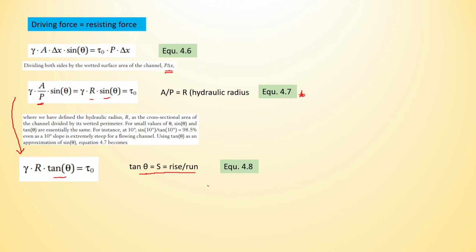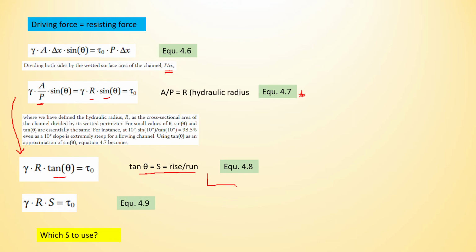This is very helpful later if you want to solve the problem. Finally we have equation 4.9: unit weight times hydraulic radius times slope is equal to tau 0.